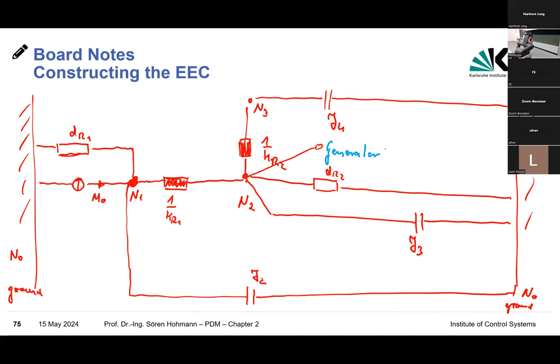Now, it looks a little bit strange because we are not used to depicting an equivalent circuit that way, but it helps to put your positions of omegas, the nodes, at that position, which helps you to get the topological structure still.